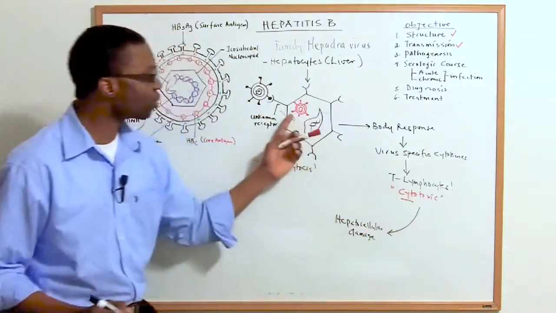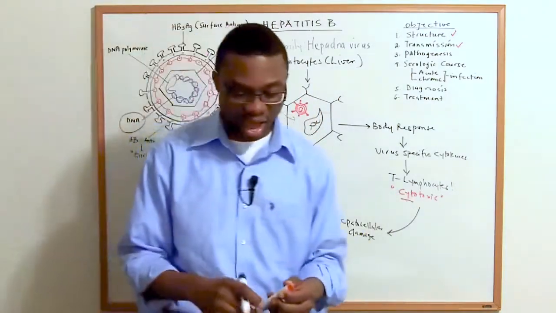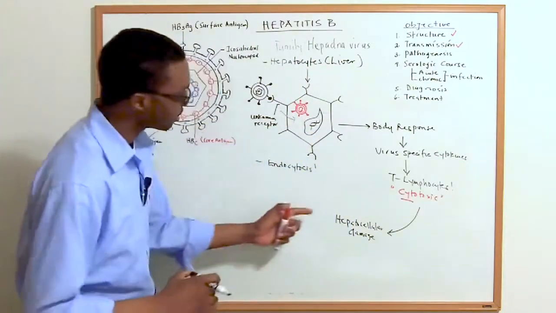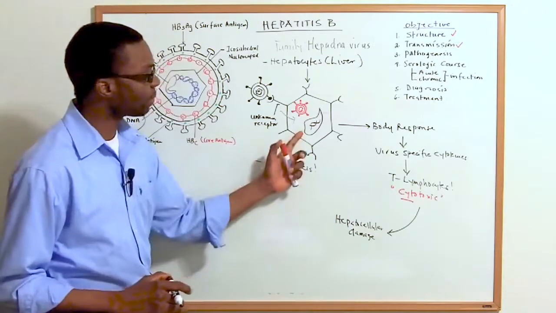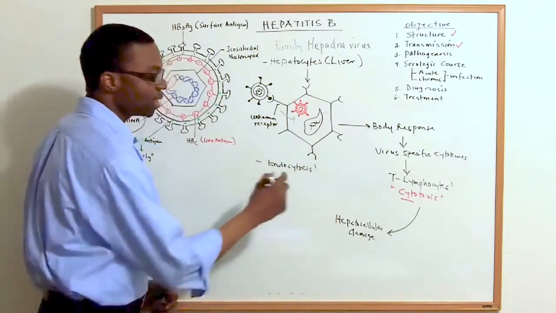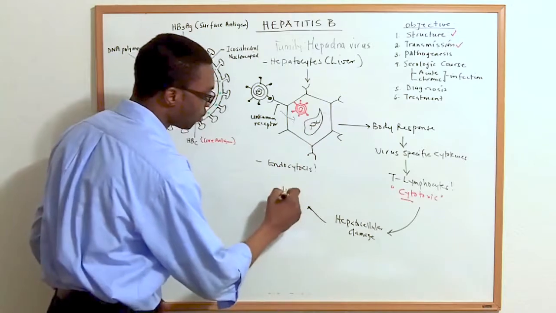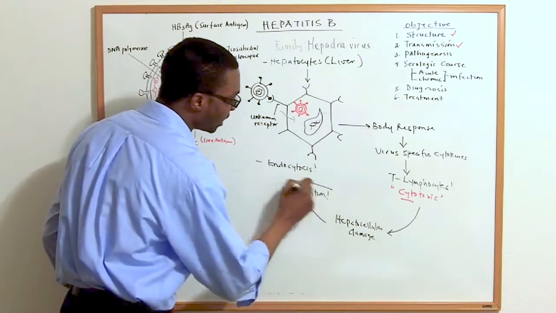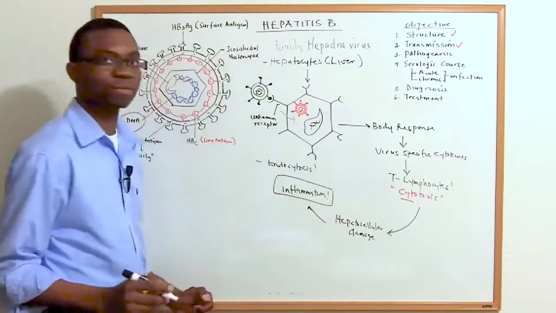Because the T cells are trying to what? Kill the virus inside the cells. So as we're trying to clear the virus, the hepatocytes are also getting destroyed. That process is the inflammation that's going on inside the cell.